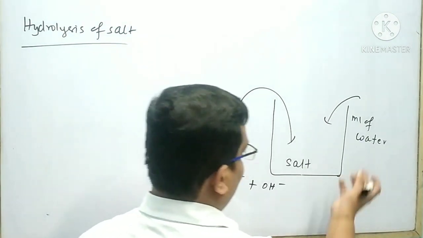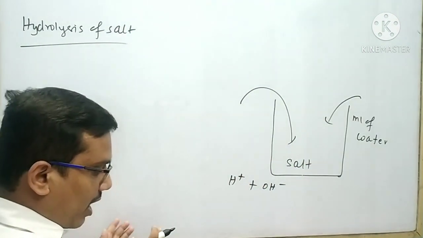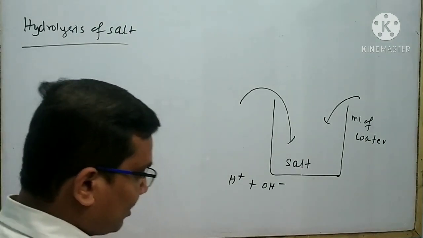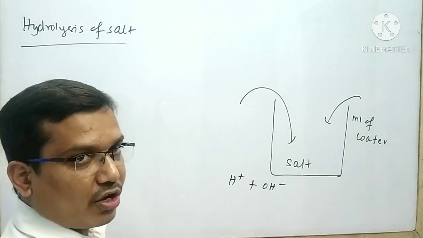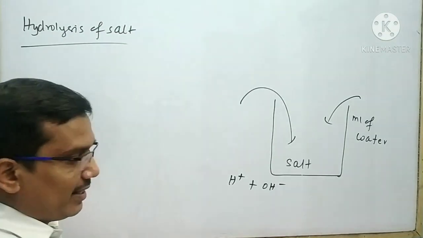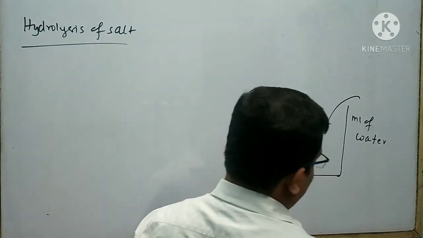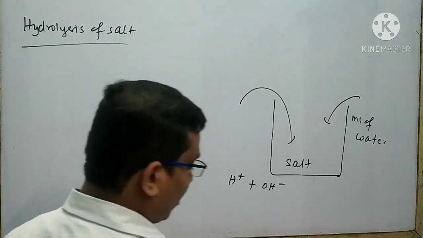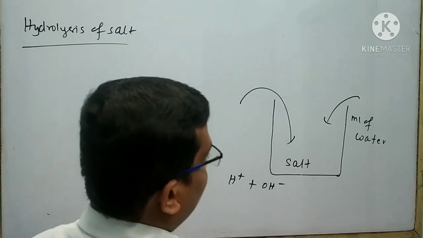When water is added to the salt, the ions of the salt interact with the oppositely charged ions of water. As a result, an acidic solution, or maybe a basic solution, or maybe a neutral solution will be formed.